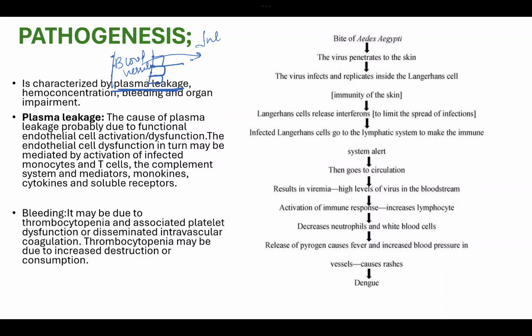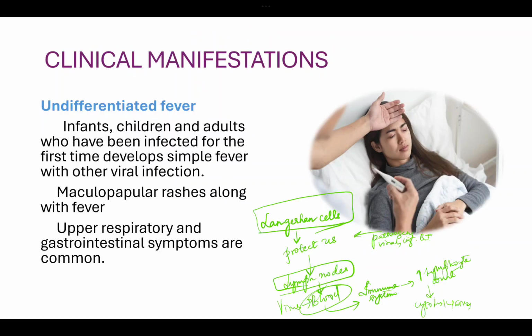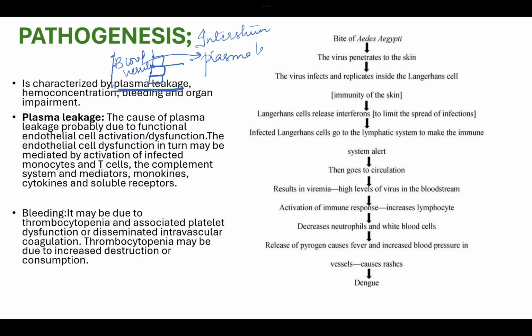That leads to the plasma leakage. And then it is causing hemoconcentration. Obviously, if the plasma leaks out, the plasma leakage causes an increased concentration of the blood, and then it can result in bleeding and organ impairment.